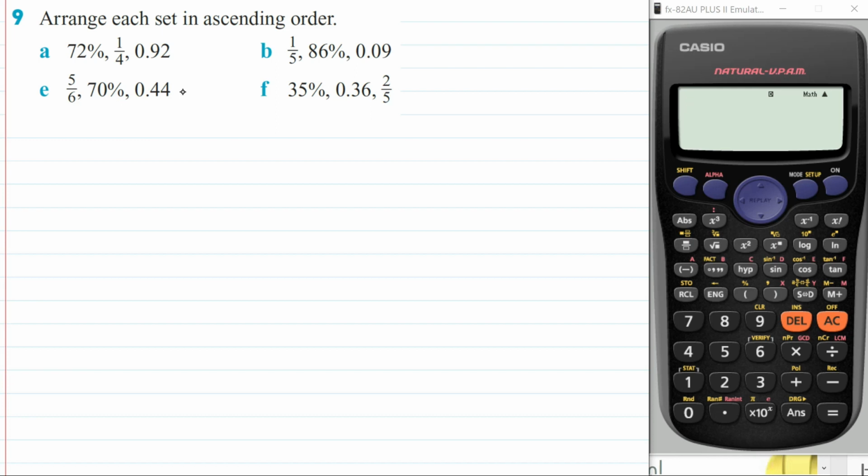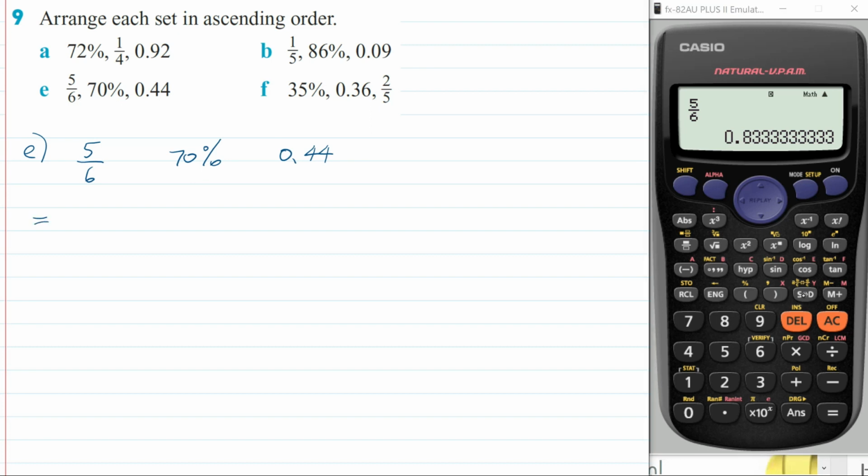So in question E, we have 5 on 6, we have 70% and 0.44. Now obviously the last number can just stay as it is. We're now going to do a couple of calculations. To go from a fraction to a decimal, 5 divided by 6, or you can do 5 over 6 equals, and press the S to D button.